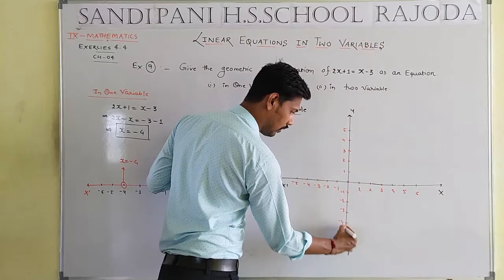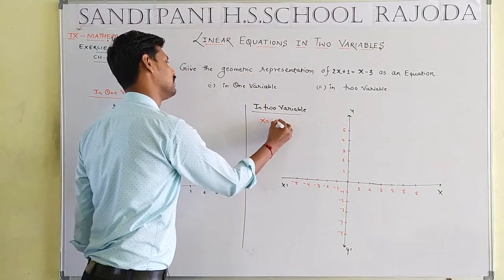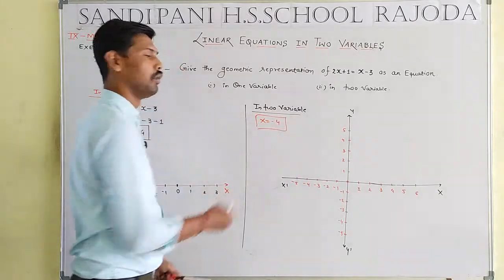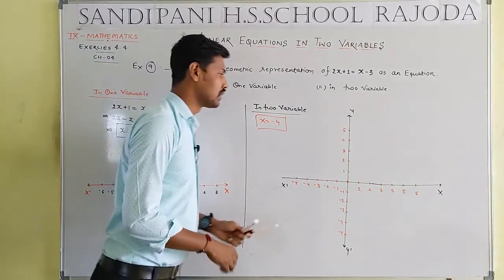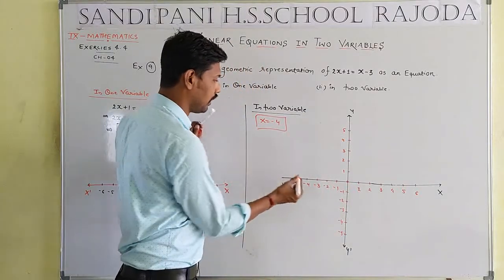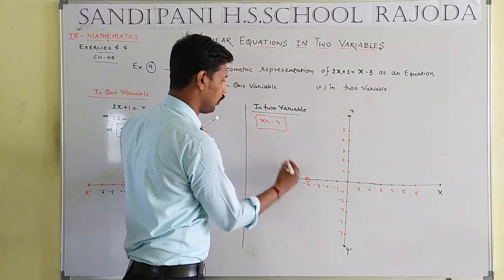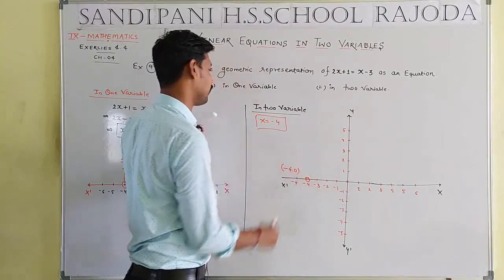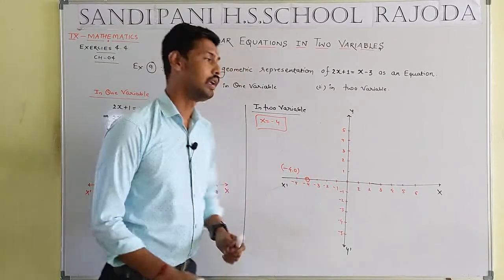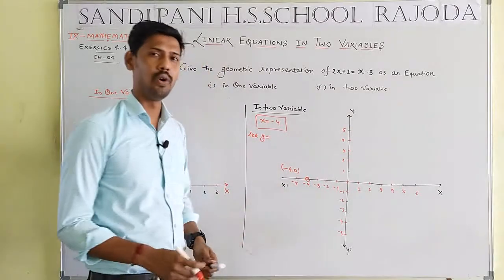Student, here we getting the result will be equal of minus 4. What is the mean of x equal to minus 4? X will be equal of negative 4, such that we getting value minus 4 comma 0. Student, now what is the value of y? Let y will be equal of anything.